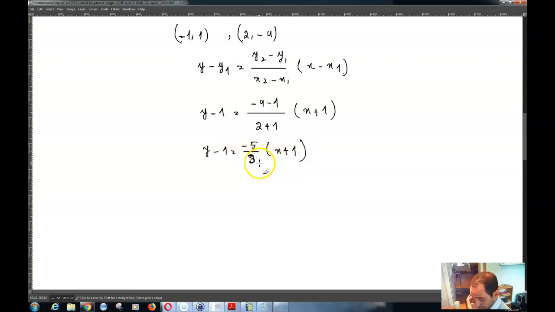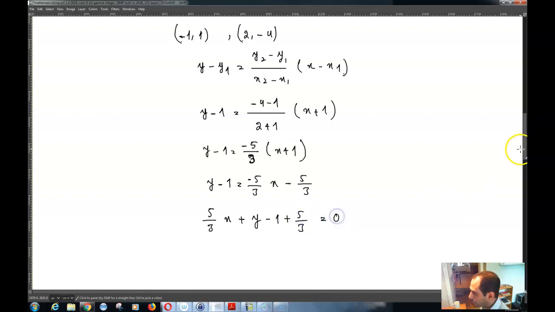and then you can write this as y minus 1 is equal to negative 5/3 times x minus 5/3, and see how they've written this. And then you can move your x to the other side of the equation, meaning that you can write it as 5/3 x plus y minus 1 plus 5/3 is equal to 0.